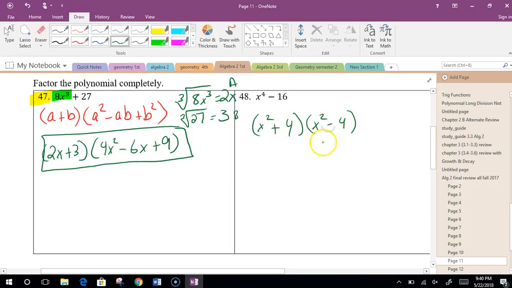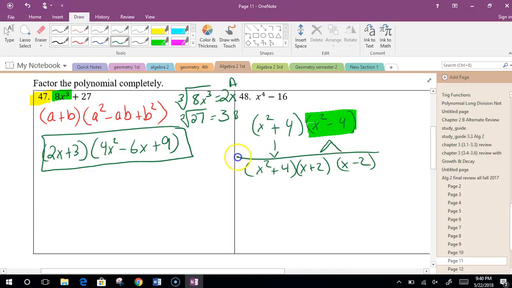Put 1 plus, 1 minus. Now, this minus factor keeps going. So we break that apart, because that would factor into x plus 2, x minus 2. Bring down your third factor, and you have your final. Again, the question out of these two I would really concern yourself with would be question number 47.